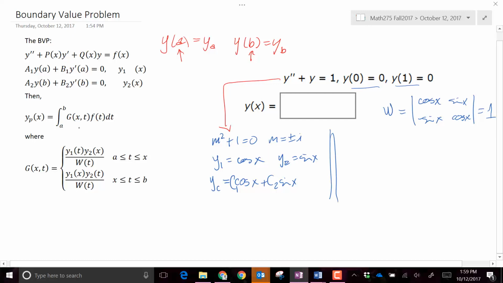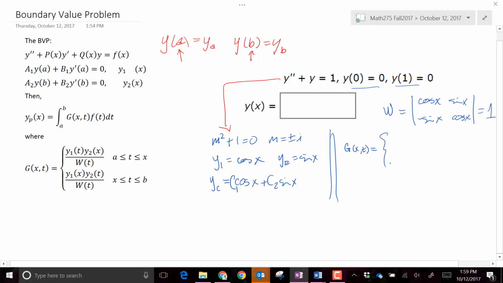And then your g of x,t function is going to be split up. We have to break this up into 2 different integrals for some x.